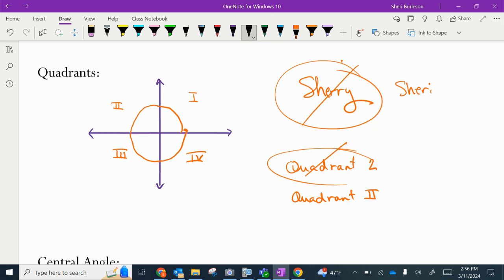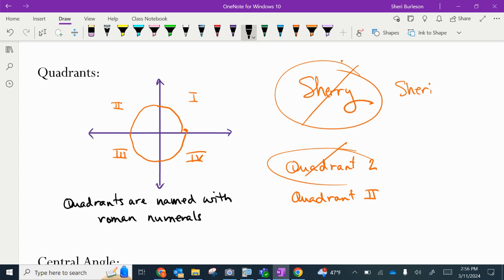They are named with Roman numerals. So if you told me quadrant 2 on the quiz and you wrote it this way, are you going to lose points? Yes, because that's not its name. Okay? You have to know the Roman numerals. Any questions on that?